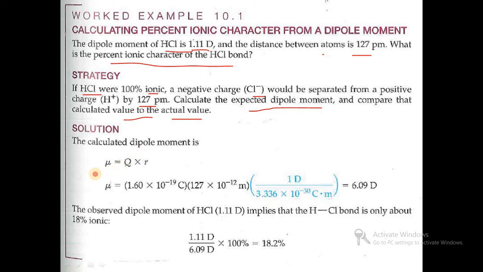The calculated dipole moment has the formula q into L. We know that the value of q is 1.60 into 10 to the minus 19 coulomb in the case of HCl, and the distance between the two atoms is 127 picometer, which is 127 into 10 to the minus 12 meter.